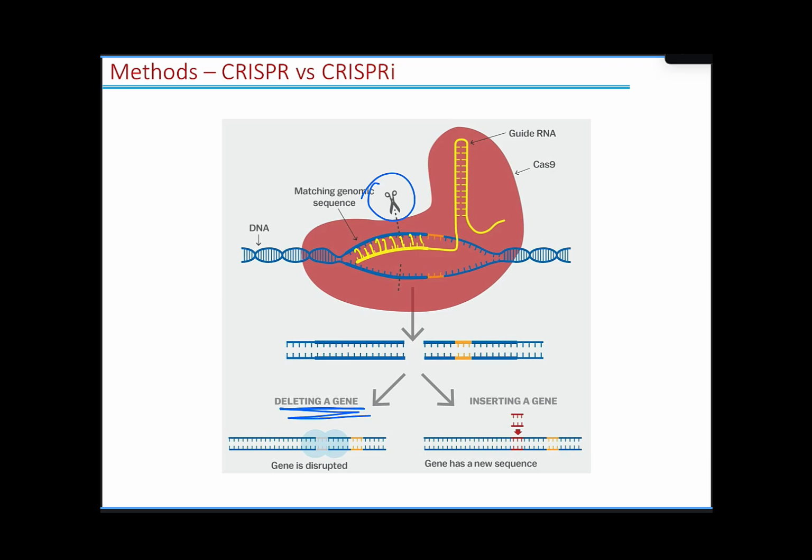Or we can hijack the homologous recombination based DNA repair system in cells and tell it, oh, you're trying to fix that break? Here's the sequence that you need to repair that break. And in doing so, we're purposely inserting a new gene or a new sequence in that location.